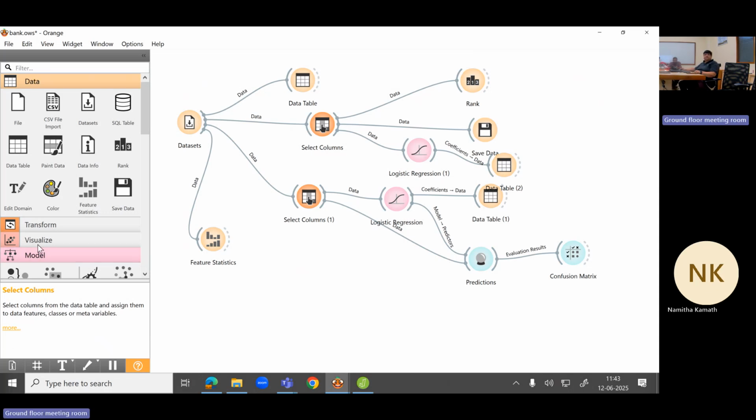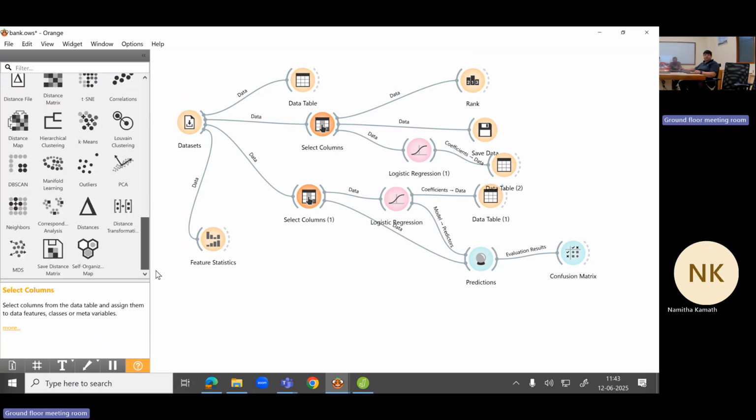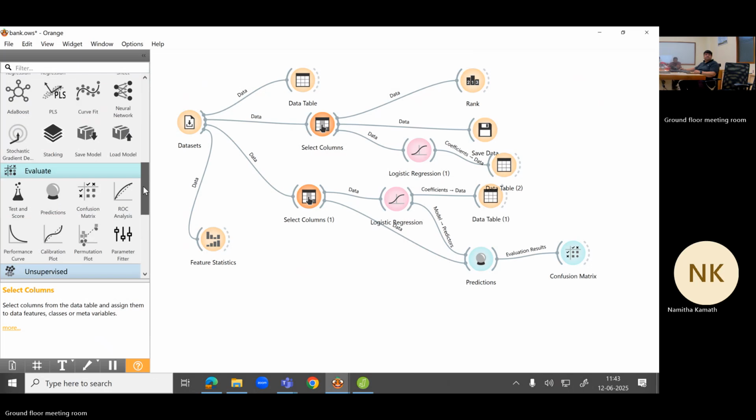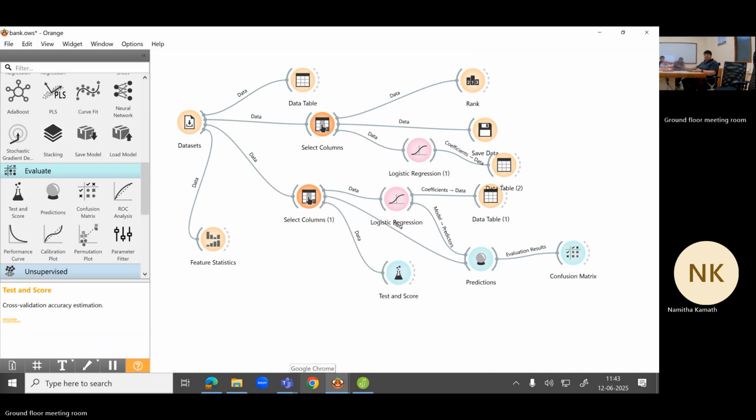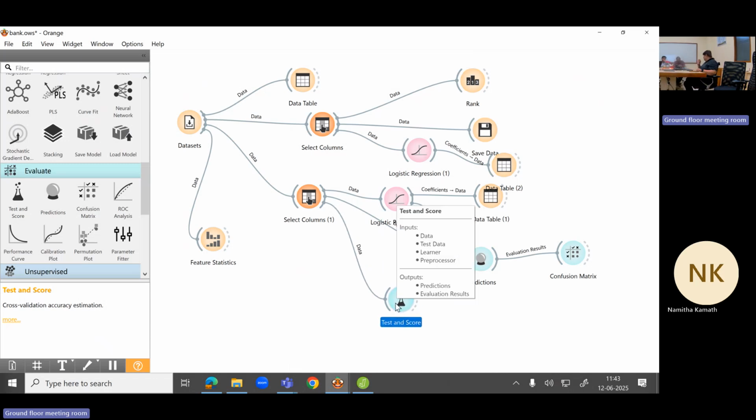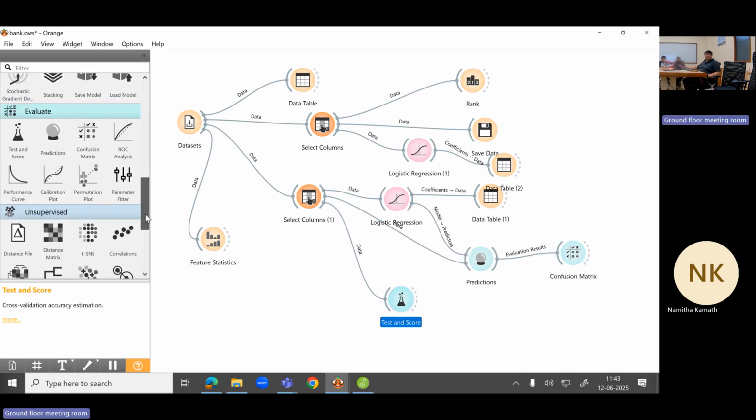In that case, we have an option here called Test and Score. This Test and Score evaluates all the models. So this is a very easy way to compare the models. One could be logistic regression.